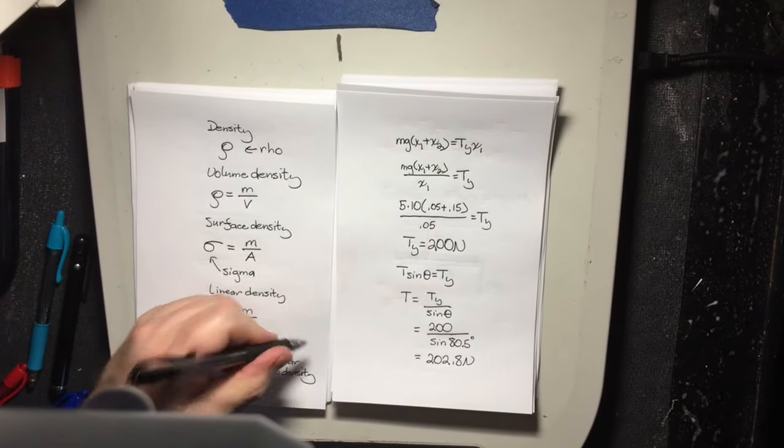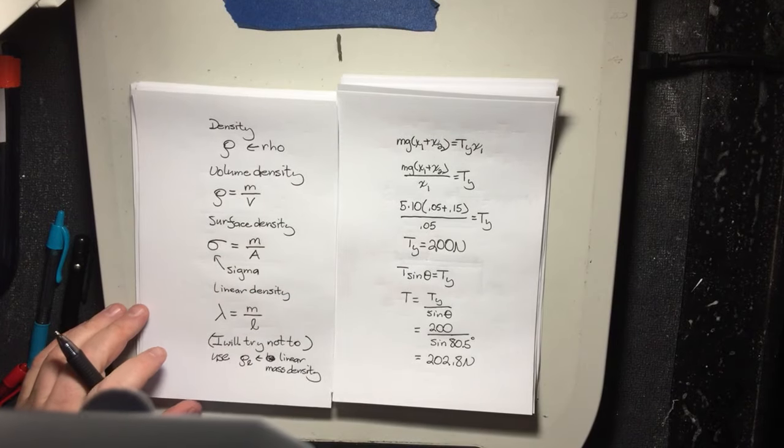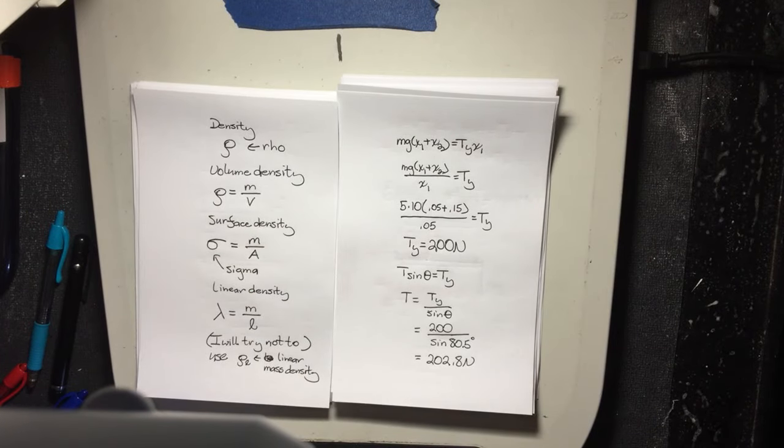Rho sub L is, in my estimation, a less commonly used term than lambda. And I want you guys to use, for this semester, and we go back and forth occasionally, but for this semester, I'm going to proclaim lambda is linear mass density, straight up rho is volume density, or density.